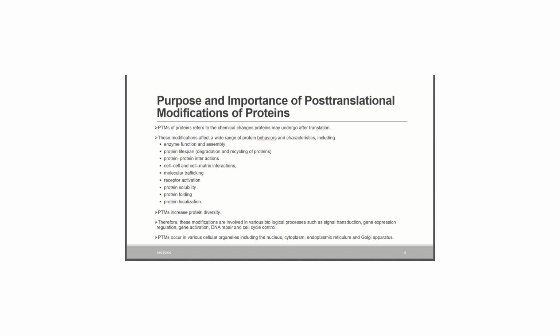So post-translation modification increases protein diversity. Therefore, these modifications are involved in various biological processes, such as signal transduction, gene expression regulation, DNA repair, and cell cycle control. And I'm sure you had this in genomics, how the mutated DNA is repaired and excised by certain enzymes.